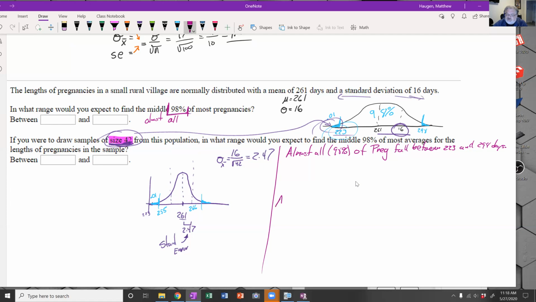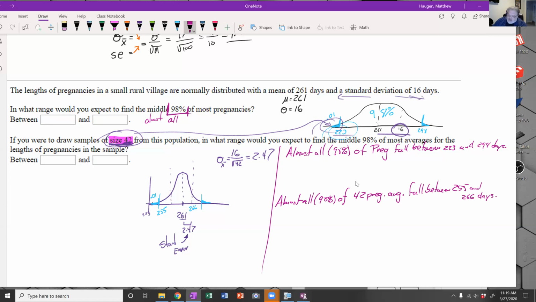As opposed to almost all, 98%, of, it's hard to word, of 42 pregnancy averages fall between 255 and 266 days.